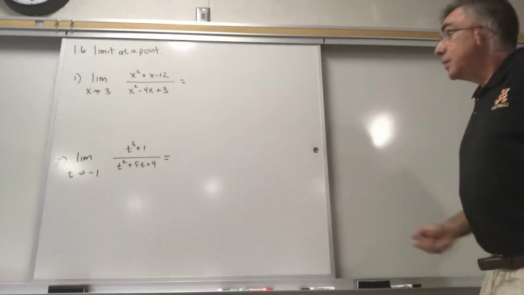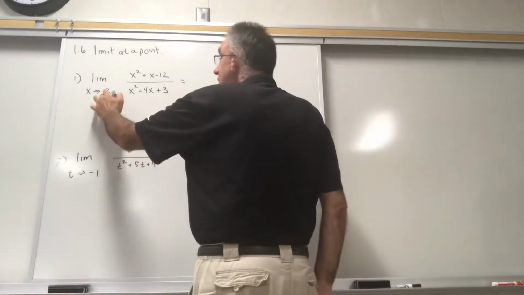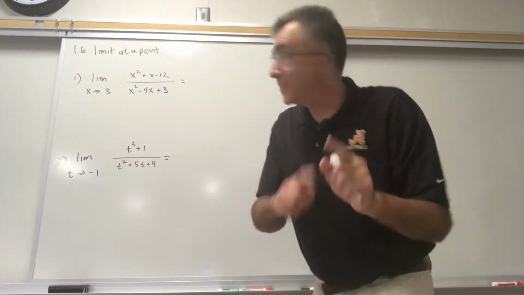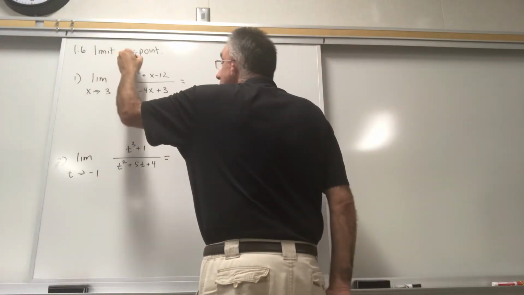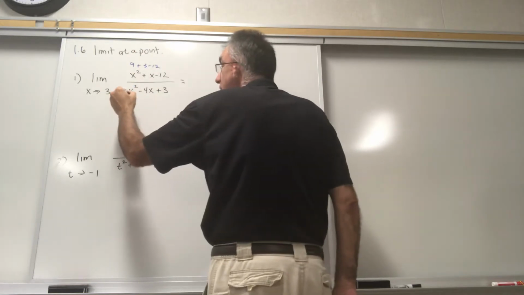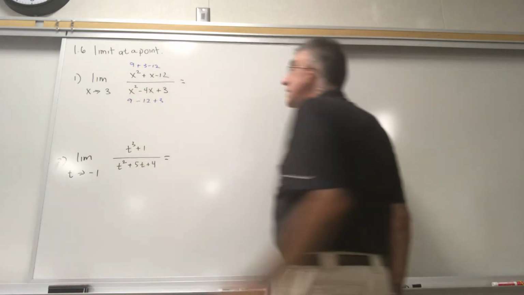Okay, so the process is like this. To find the limit as x approaches 3. Now, here's the problem, okay? Here's the essential problem. If I were to put 3 in here, 9 plus 3 minus 12, and if I were to put 3 in here, I get 9 minus 12 plus 3.